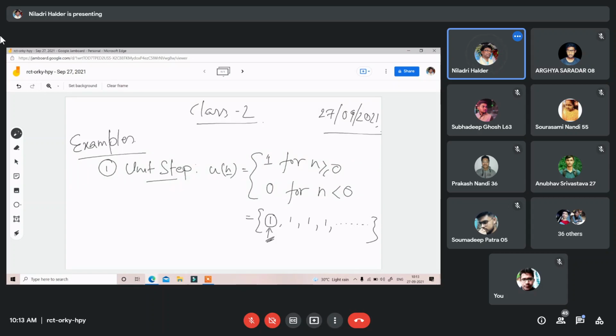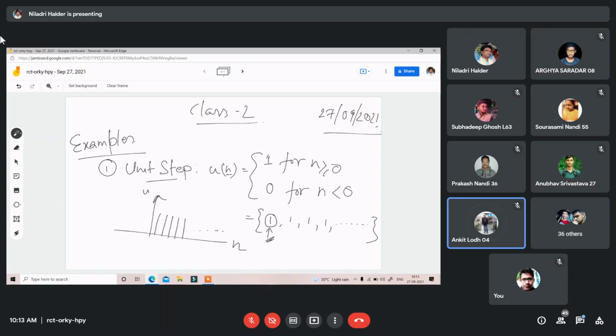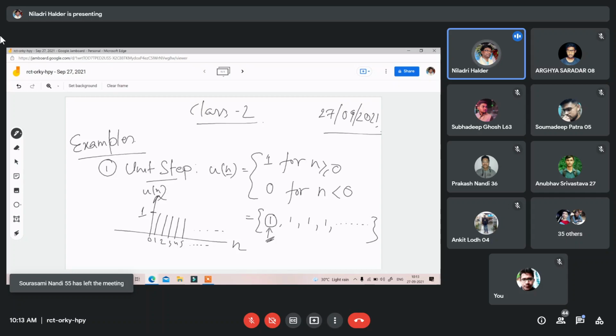That is basically the unit step. If you design a discrete unit step, you will get it like that: in u[n], the value will be 1 at 0, 1, 2, 3, 4, 5, like that. The discretized samples will be provided.